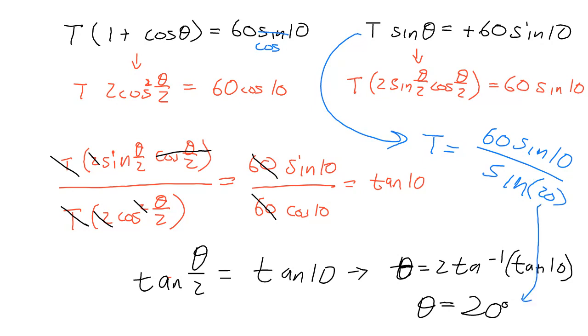Right. So 60 sine 10 or sine 20, where this was basically theta. You know, theta is 20 now, so solving for t should be about 30.5 pounds, 30.5.